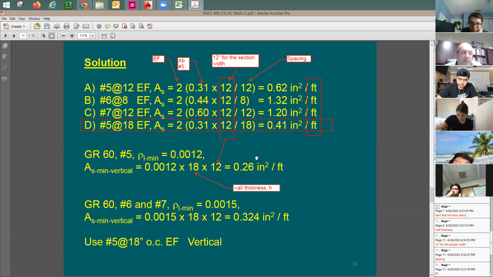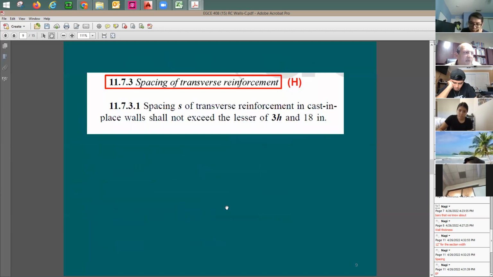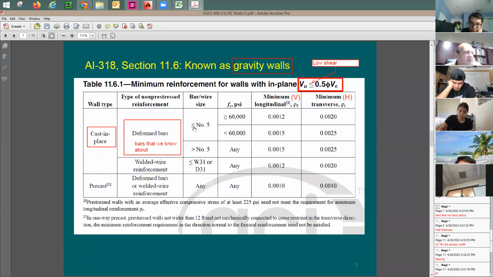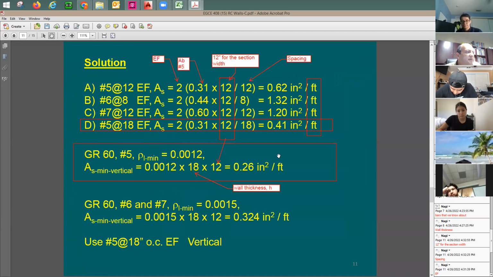Let's just say now I'm done with the analysis, right? I'm done with my design. This is good, done. But let's say I decide here to go with number 6 or number 7. What's going to happen? Let me go back here in my table and see what the steel ratio says. If it's more than number 5, it's going to be 0.0015 if I go with this rebar size. 0.0015 multiplied by the wall thickness multiplied by 12-inch, I need 0.324, and in this case it's going to be like 1.2.